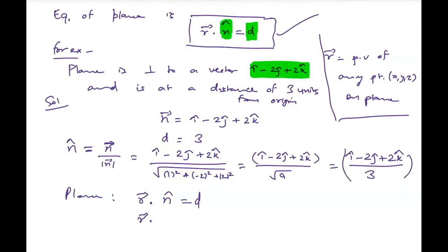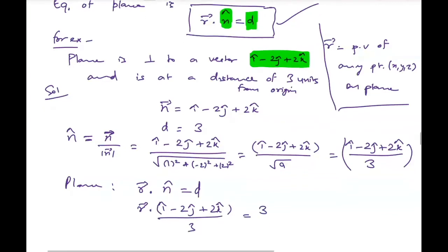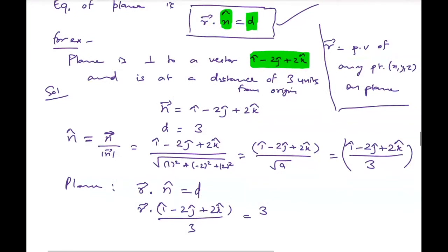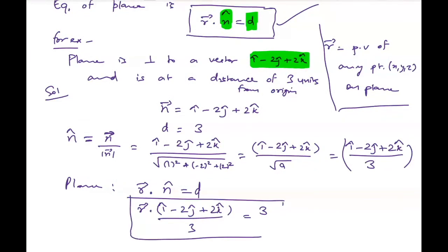So here we will be writing r dot (i minus 2j plus 2k) divided by 3 equals d. d is given here as 3. So this is the answer, the vector equation of the plane. But further we can simplify. What we can do is take this 3, which is a scalar, and move it to the other side. If a scalar is getting multiplied to any vector, you can move it normally. That is not a problem.